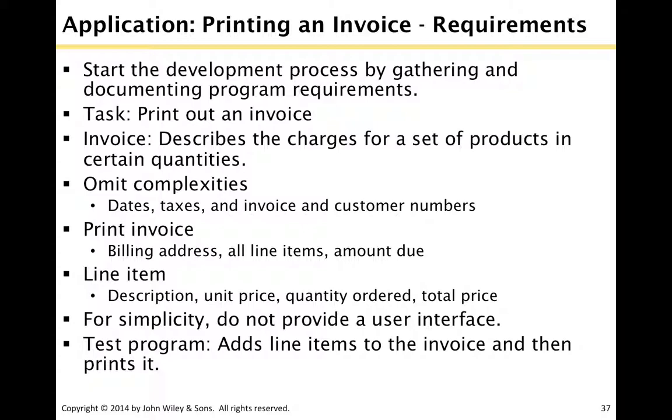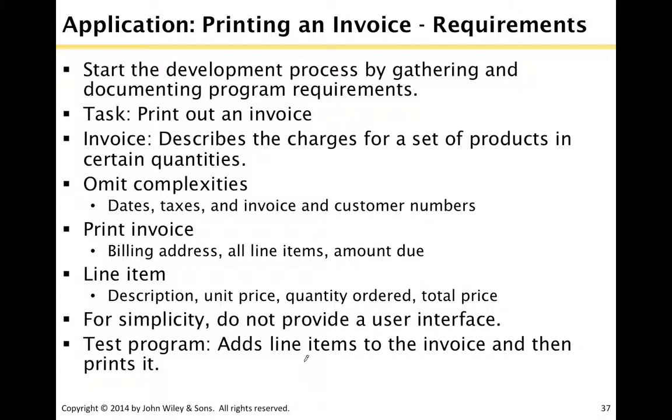But we want to print a billing address and all line items and the amount due, and each line item has a description and unit price and the number of items ordered and the total for that.